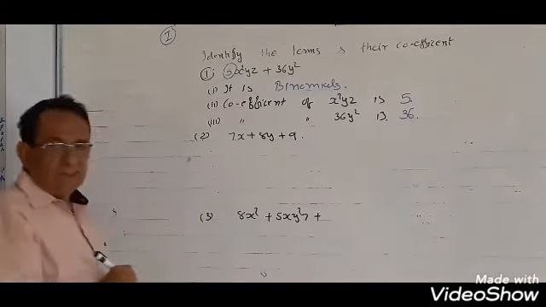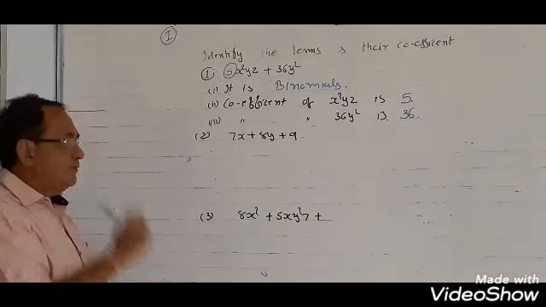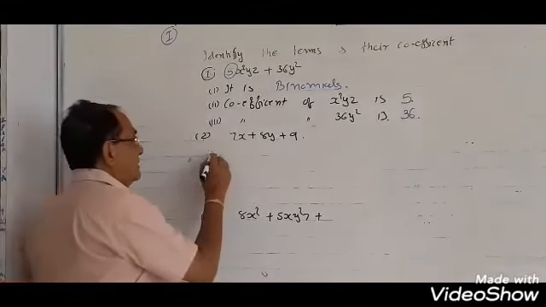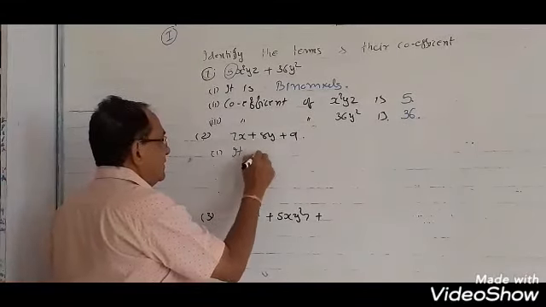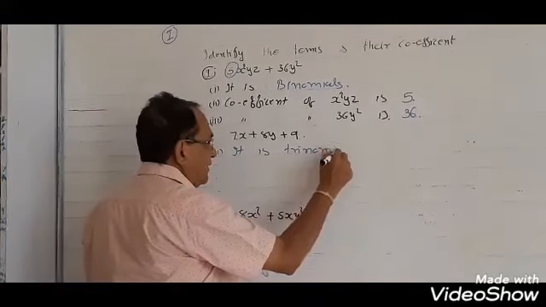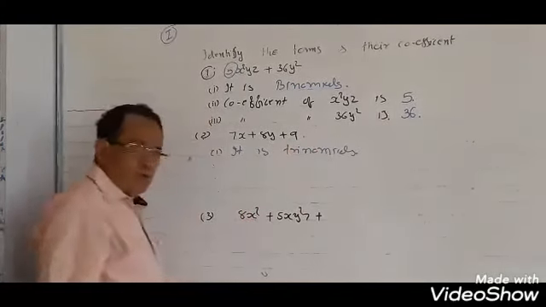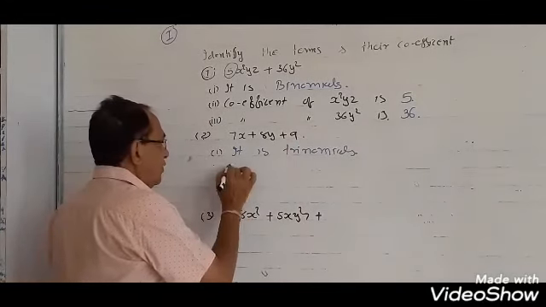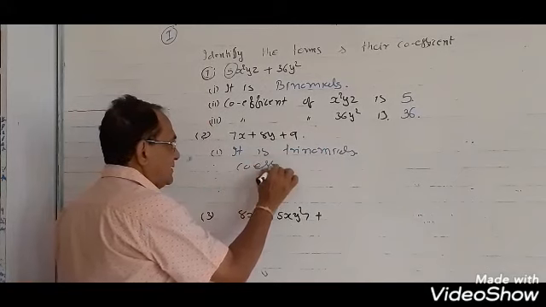What is this? Which type of expression is there? Trinomial. It has 3 terms, so it is a trinomial. Second, what is the coefficient of x?